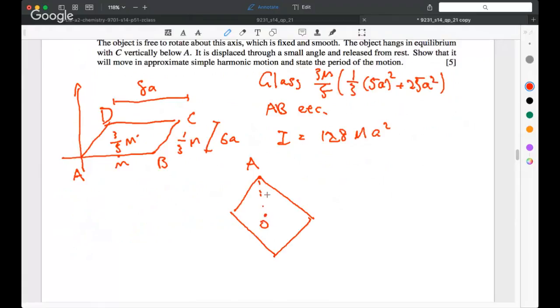And when OA is displaced from its vertical position, there will be a force acting on it. And applying Newton's second law, we'll find that the equation of motion for the object is I d2 theta dt squared is equal to minus the total mass of the object, 49m over 15, times g times the length OA, which is 5a, and then sine theta, so the component of gravity acting towards the equilibrium position.